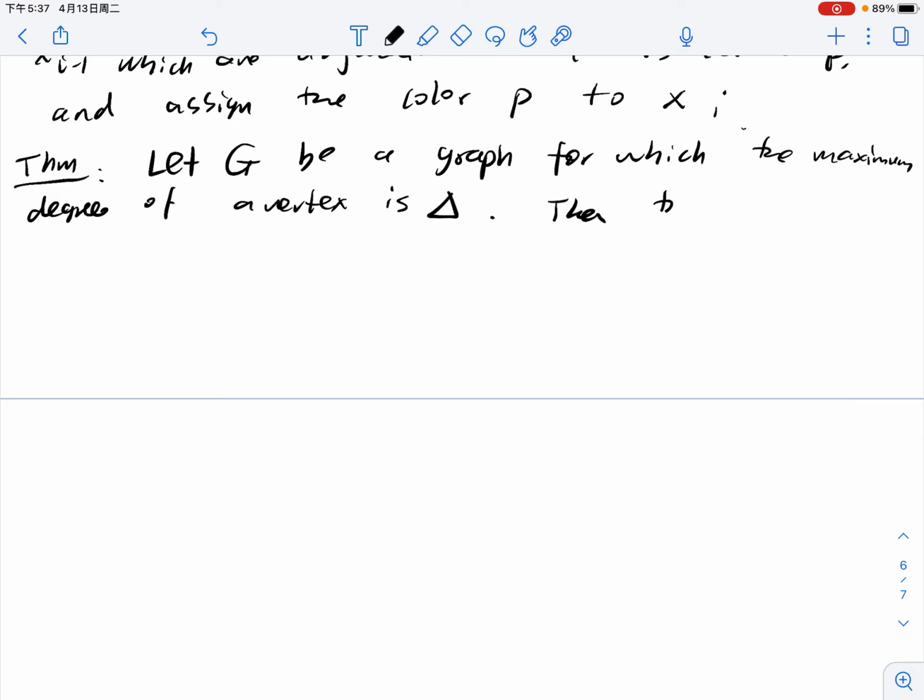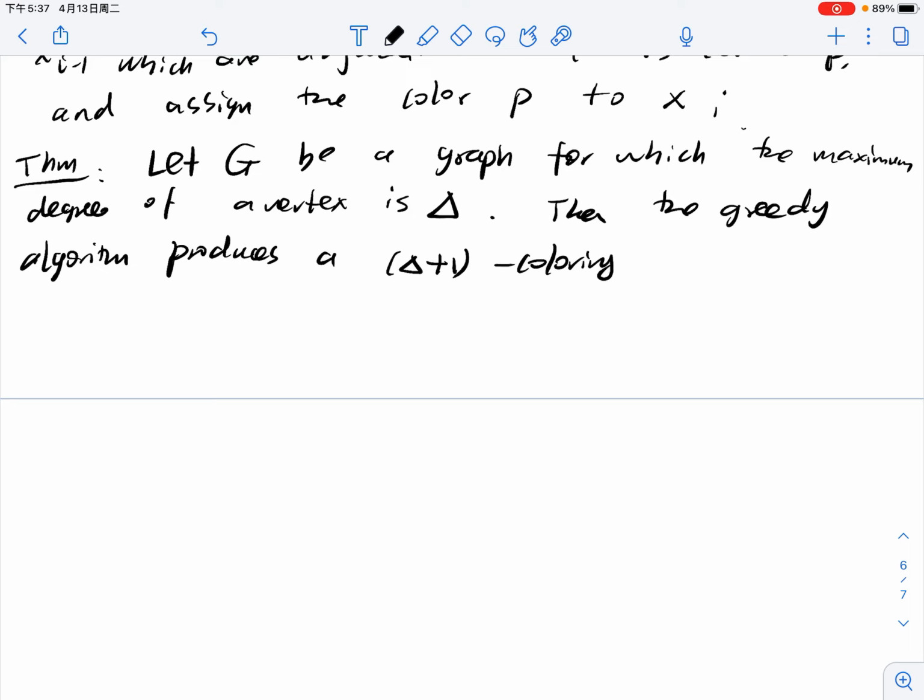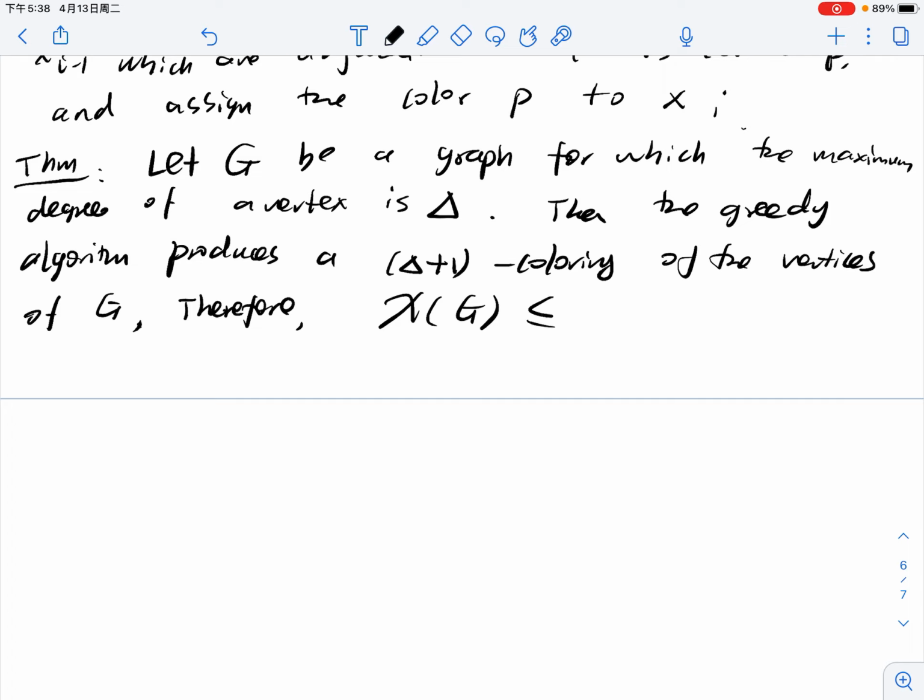Then the greedy algorithm produces a delta plus 1 coloring of the vertices of G, and therefore the chromatic number of G is less than or equal to delta plus 1.